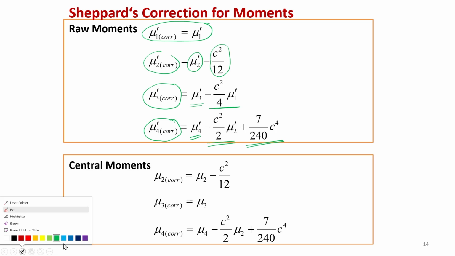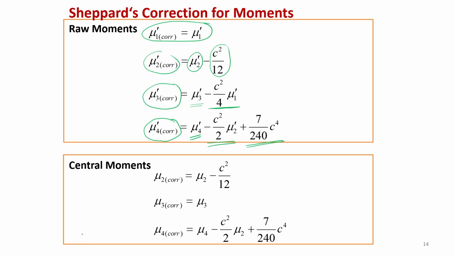And similarly, if you consider the central moments, then the second corrected central moment becomes mu 2 minus c square by 12. The third central moment does not require any correction, so mu 3 corrected and mu 3 will be the same.